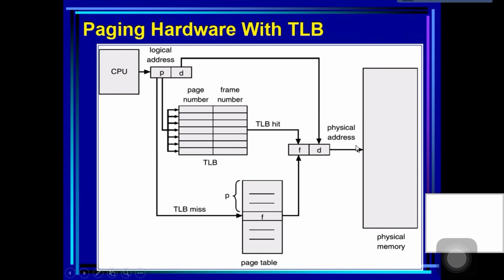Okay, let's look at paging hardware with TLB. When the CPU executes instructions, it generates a logical address, and the address translation hardware will break the one-dimensional logical address into two parts according to the size of the physical frame.